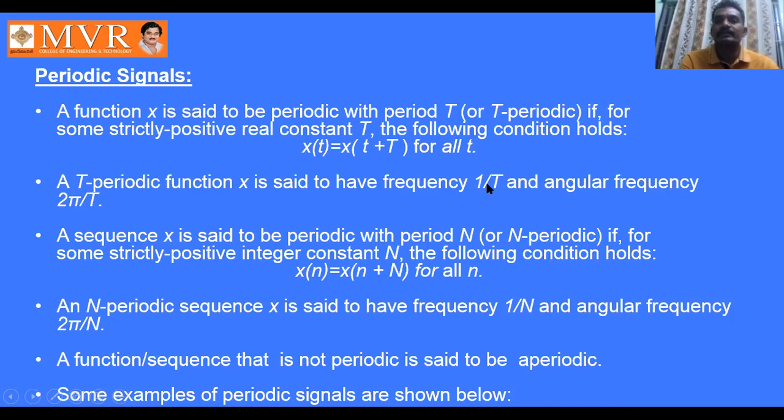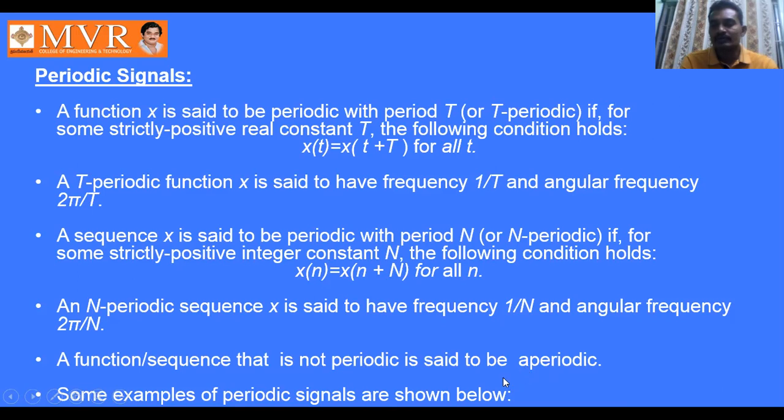Here f is 1 by T, so omega is 2 pi by T. A sequence x is said to be periodic with period N, or N periodic, if for some strictly positive integer constant N, the following condition holds, that is x of n equal to x of n plus capital N for all values of n. An N-periodic sequence x is said to have frequency 1 by N, then angular frequency omega is equal to 2 pi f, that is 2 pi by N. A function or sequence that is not periodic is said to be aperiodic.